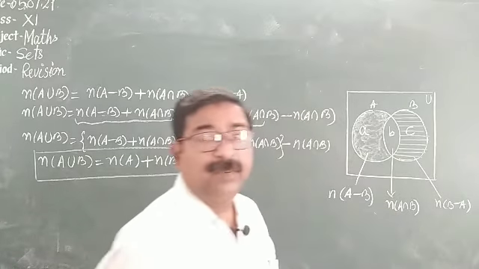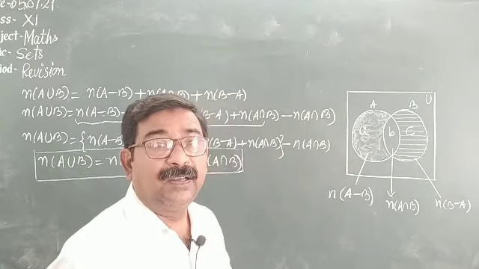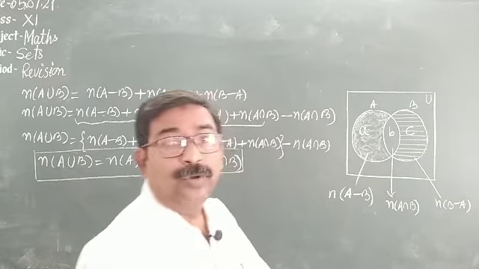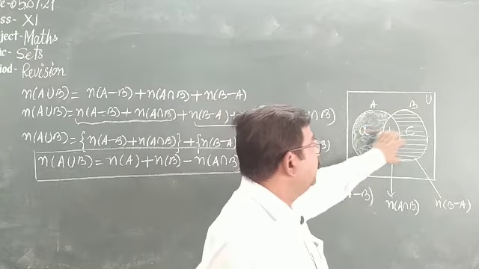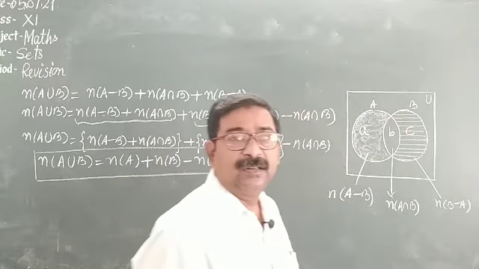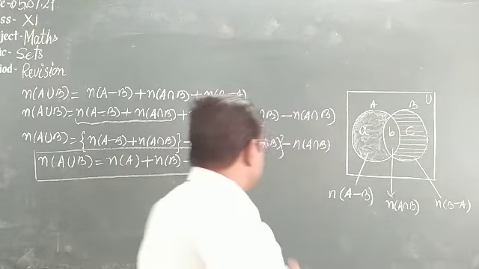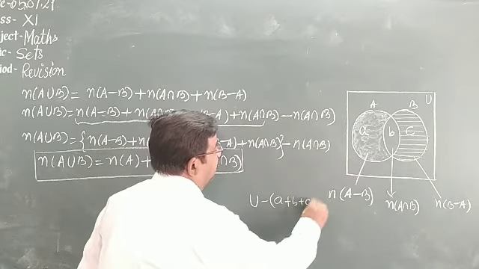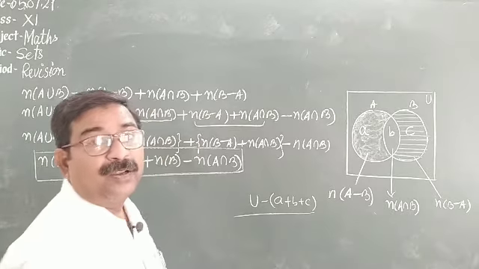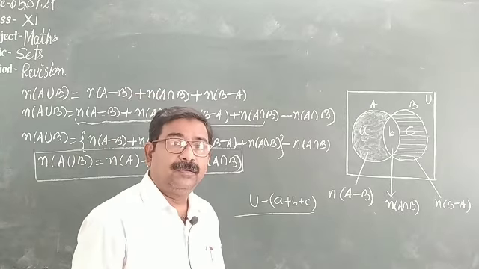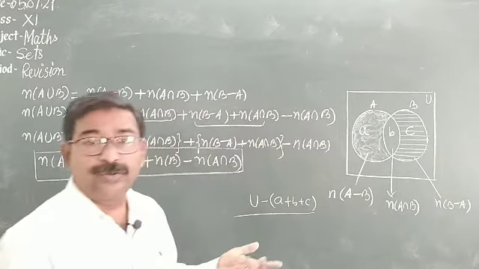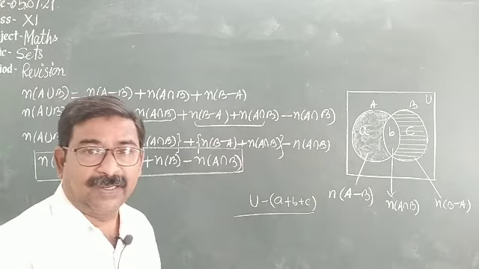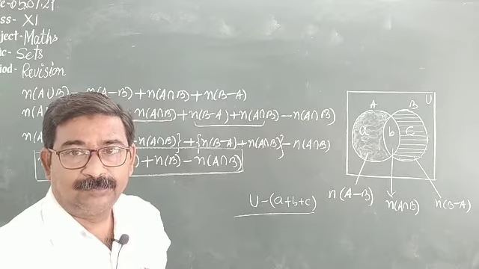This is A intersection B. And if none is asked, what to do? We subtract the union from the universal set. So U minus the sum of A, B and C, and this result is none of A and B. So this is how you can use your skill, whether you find the result with the help of Venn diagram or with the help of formula.